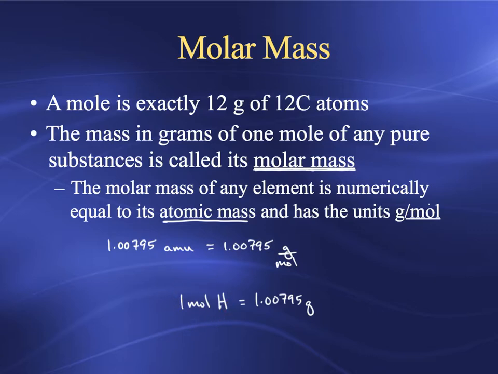If I go down the table just once to lithium, lithium has an atomic mass of 6.941 AMUs. This one over here is hydrogen, just so we're clear. That's also its molar mass, 6.941 grams per mole. So if I want 1 mole of lithium atoms, I need to weigh out 6.941 grams on a scale.